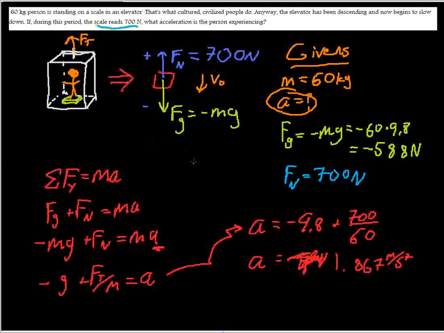So if you have a negative initial velocity, and you want to end up with a much smaller final velocity, the only way to achieve that is by having a positive change in velocity and thus a positive acceleration. So this acceleration is exactly what we would expect for something that is slowing down, which the person is doing.